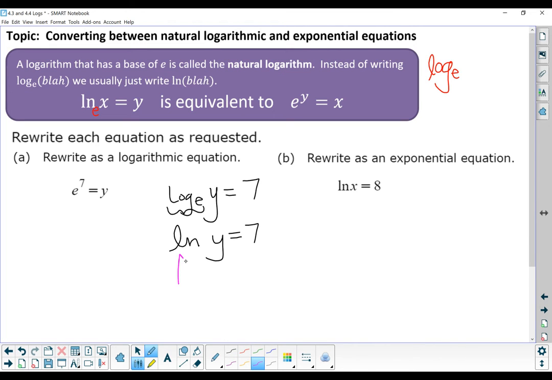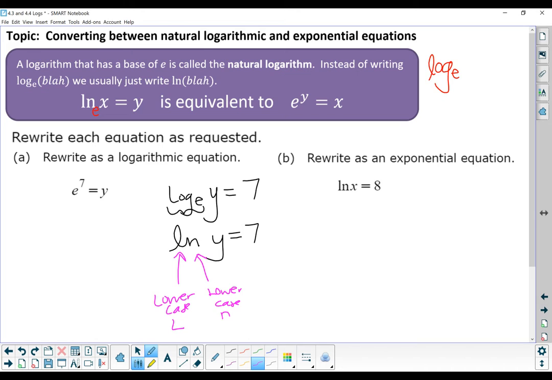Just in general, sometimes people don't realize that this is a lowercase l, and this is a lowercase n. I guess people figure out the n part, but I get a lot of people who think that this is an I. It's not an I, it's an L for log natural.